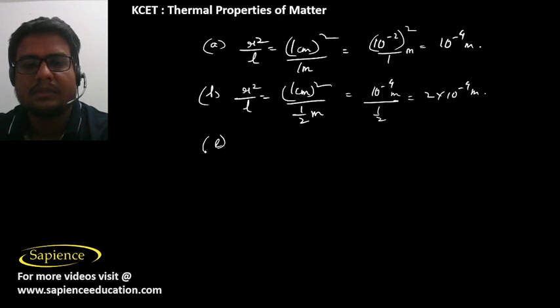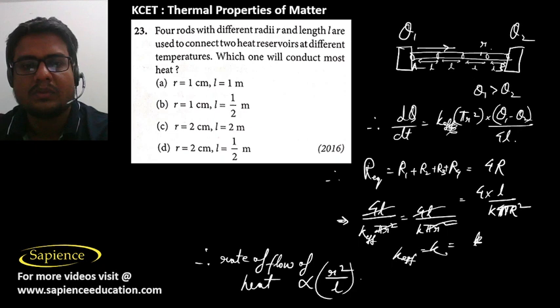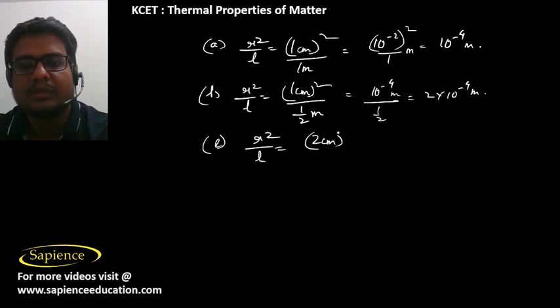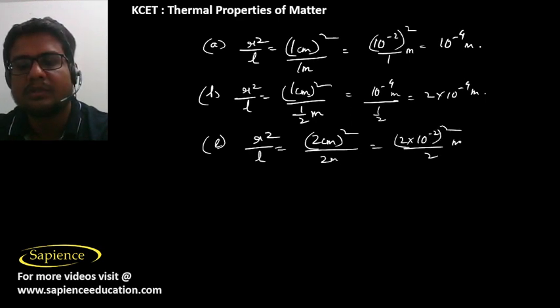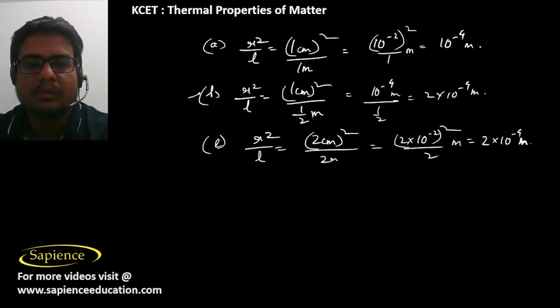And then option C, r square by L value is equal to 2 centimeter whole square divided by 2 meter. So that will be 2 into 10 power minus 2 whole square by 2 meter. So that is 4 by 2, so 2 into 10 power minus 4 meter. So options B and C have the same value of r square by L.